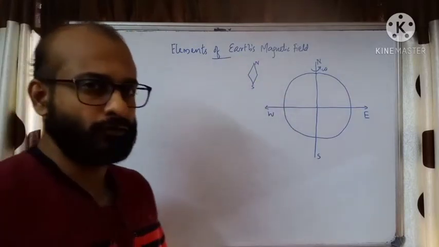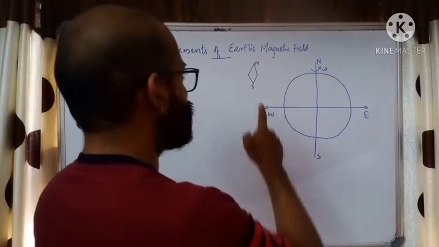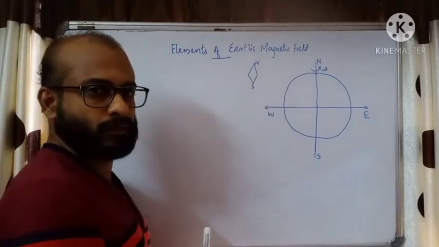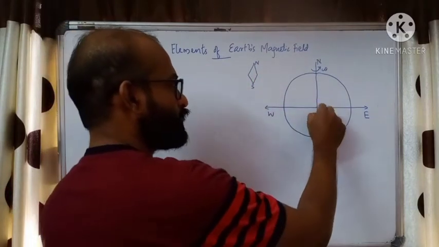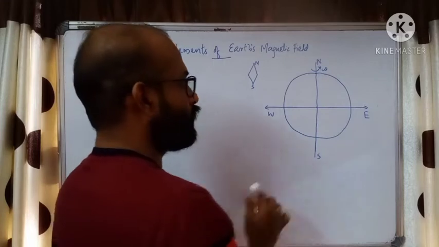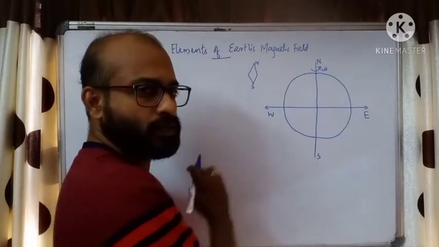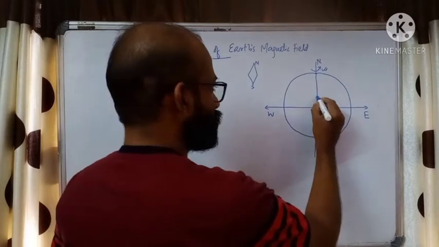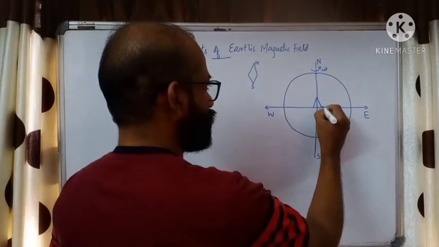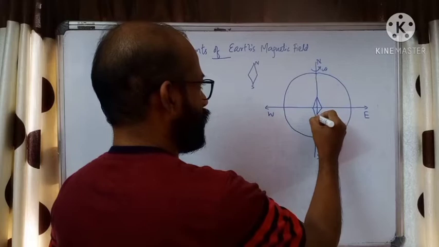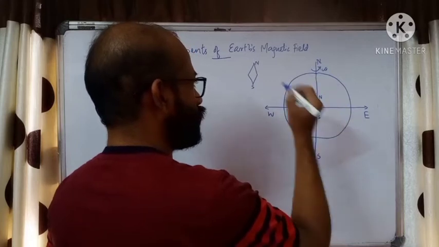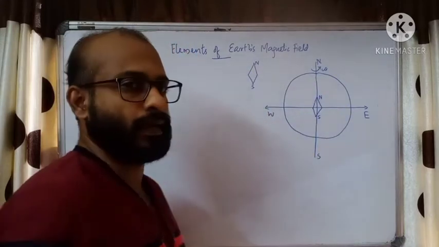If you suspend it freely, it will always align in the north-south direction. So if it is suspended here at the center, what we are expecting is that it should align towards geographic north and geographic south, like this. It will be north and it will be south of the compass needle.